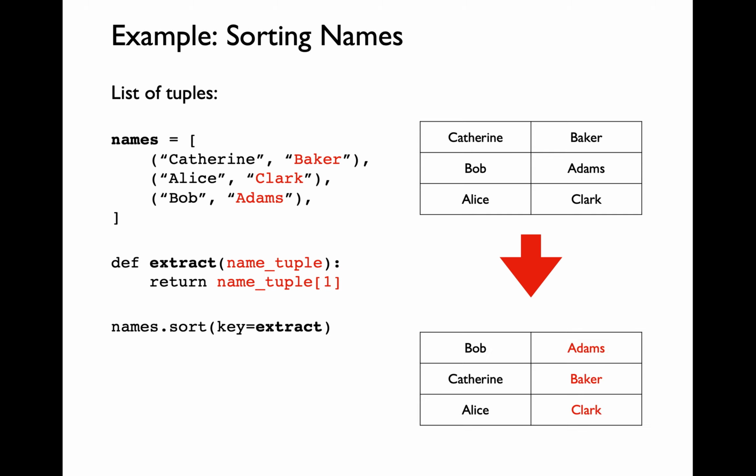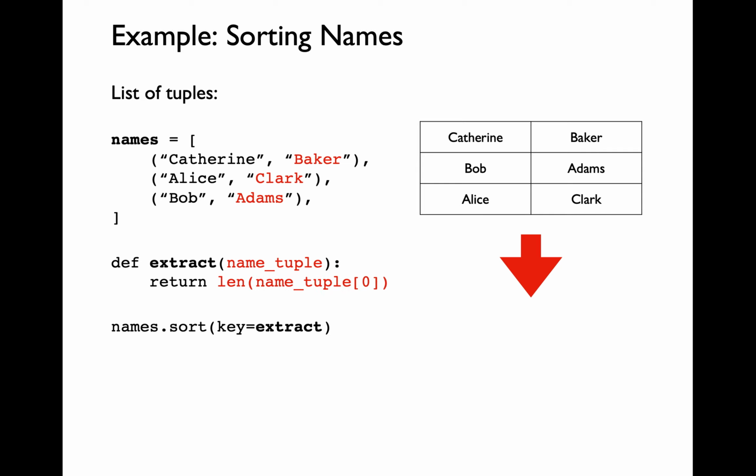If we go ahead and run names.sort with the key option, you'll see that it sorts the names by last name, ordered as Adams, Baker, and Clark.